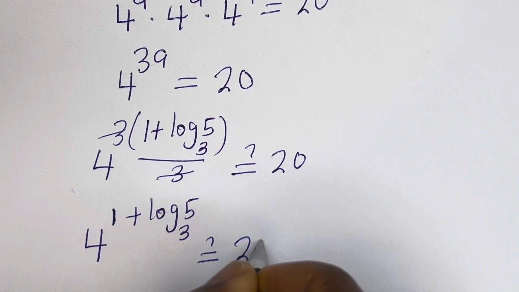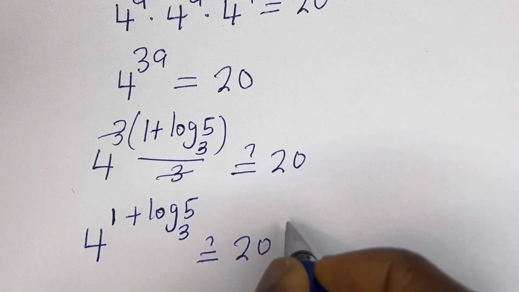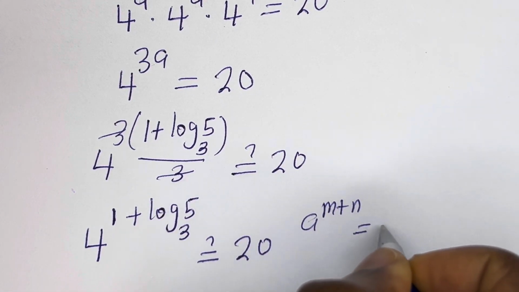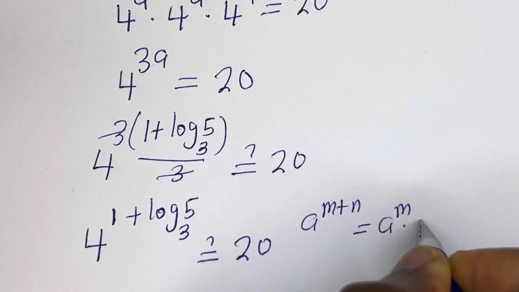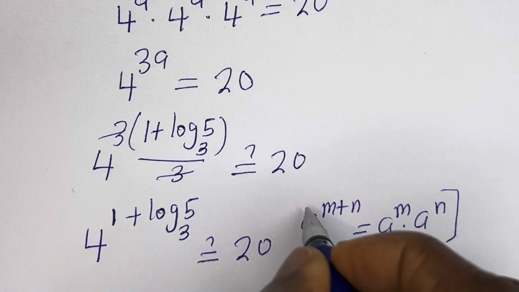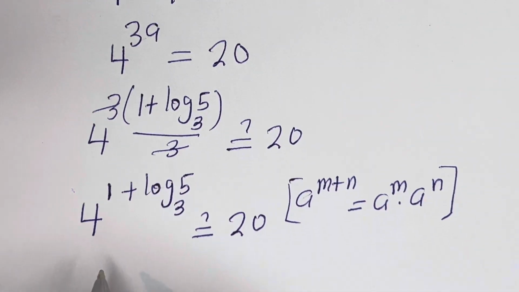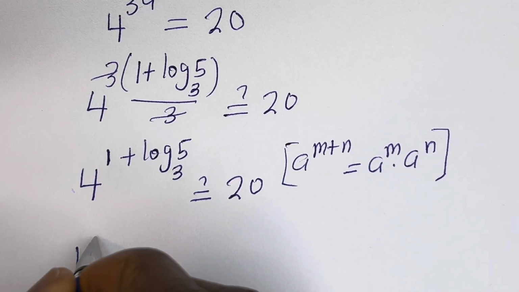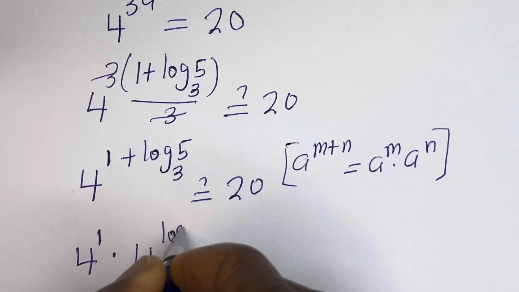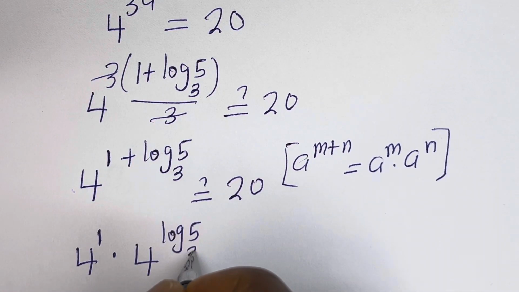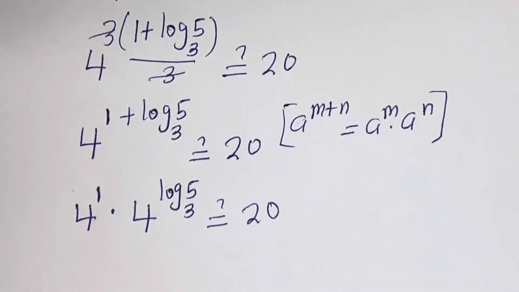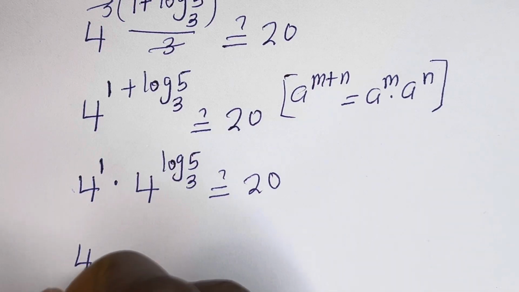Take note of this, that if you have a to the power of m plus n, this is equal to a to the power of m multiplied by a to the power of n. This can be written as 4 to the power of 1 multiplied by 4 to the power of log 5 base 3 must be equal to 20. 4 to the power of 1, this is 4.